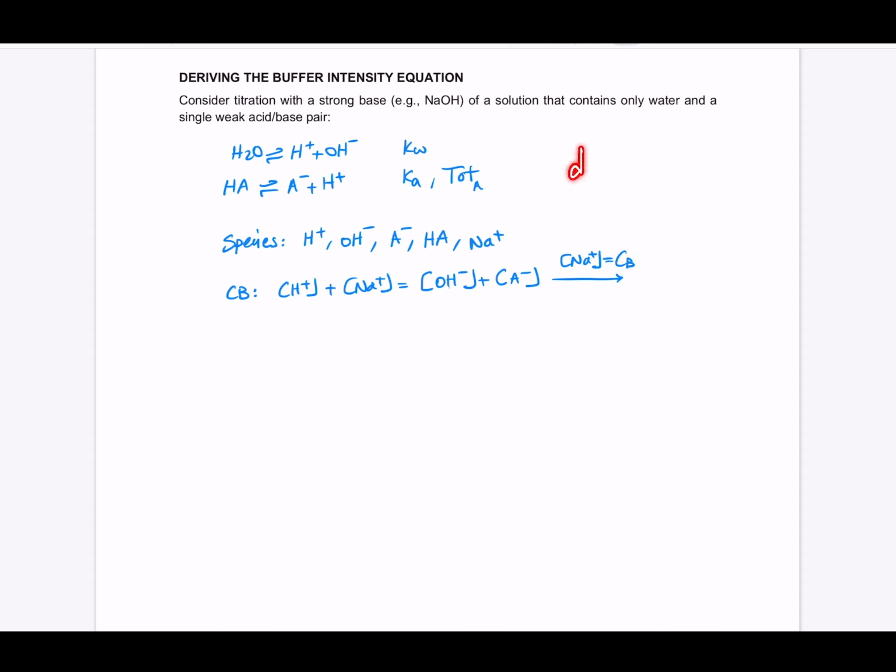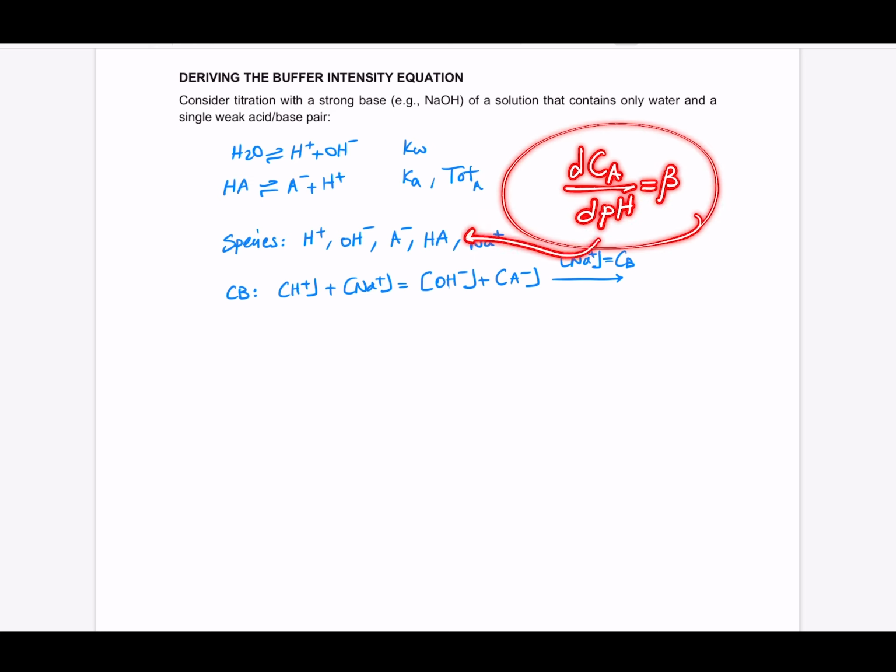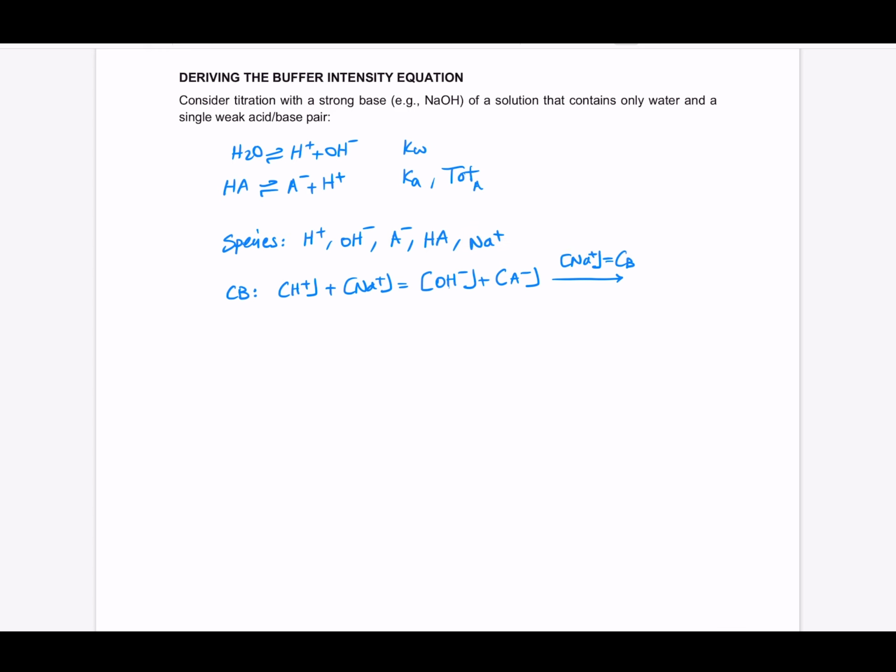Again, we're deriving this term. We want to use all the information to have an expression for beta. So CB is necessary, so we are trying to connect everything to CB. Also, we know that based on the alpha terminology, this is alpha 1 times the total of acid that was in the system initially.